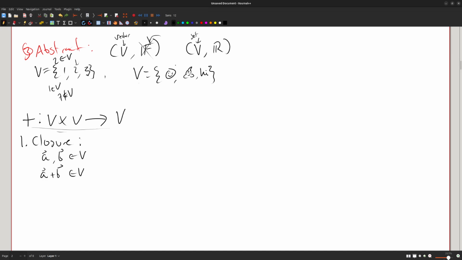So for example, maybe smiley face plus hi equals poo emoji. Maybe smiley face plus hi equals smiley face. Whatever you want, right? As long as you're going to satisfy all of these rules.